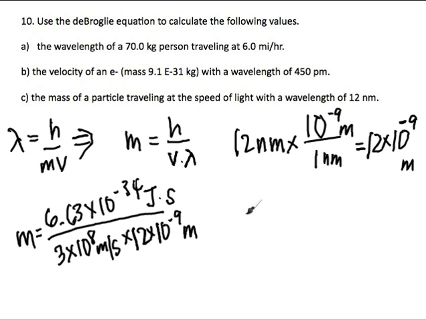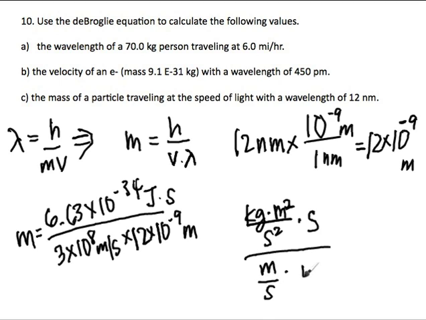And here we can just check the units to make sure, like before. So joules equals kilogram times meters squared over seconds squared, multiplied by seconds here, over meters per second times meter.